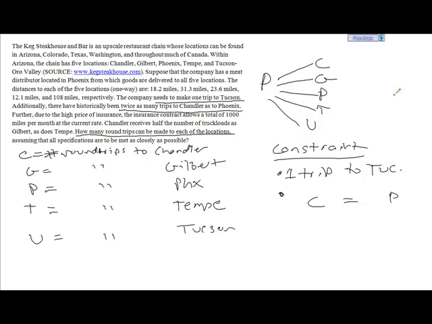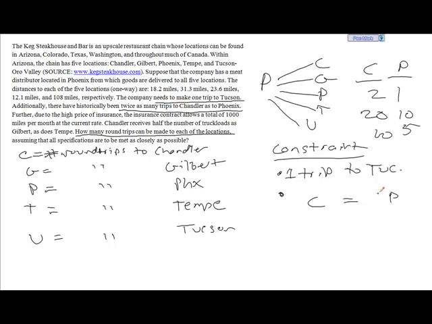You can give yourself an example. If there was 1 trip to Phoenix, how many trips would there be to Chandler? There are twice as many, so there would be 2. If Phoenix had 10 trips, then Chandler would have 20, basically double. 5 here would be 10 here. Whatever I put in for Phoenix, to get to Chandler I have to double the quantity.